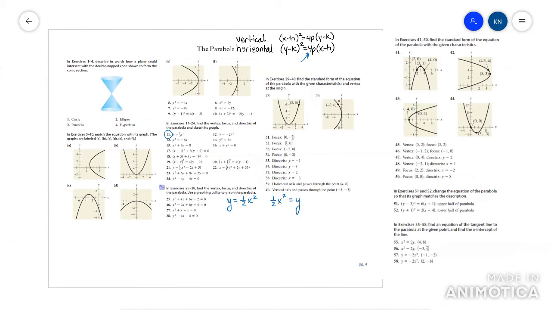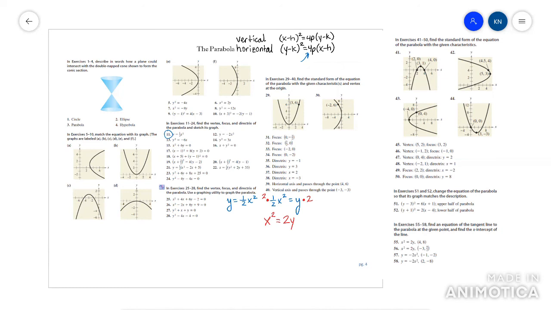Now the next thing I would do is I would realize that the square is generally by itself. So this 1/2, it's not helping me. It's hurting me. So I need to move it to the other side by multiplying by 2. So you really get x squared equals 2y.